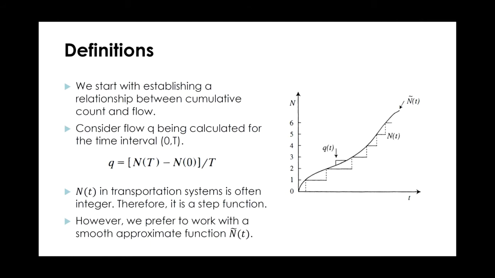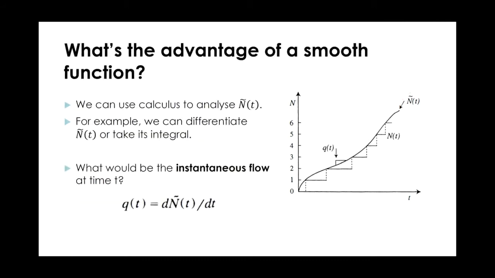As I said before, if we approximate this piecewise function with a continuous function called Ñ(t), the slope of this continuous function is actually representing flow. That's an important thing to bear in mind.